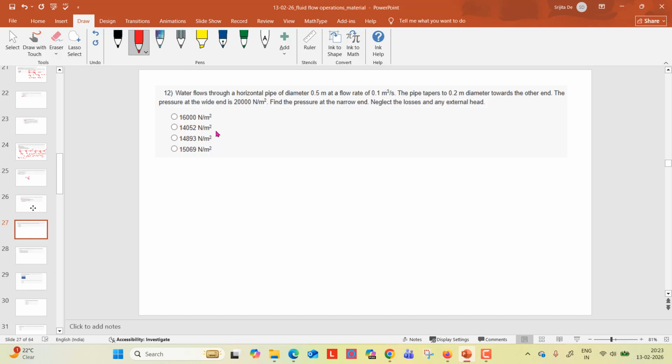Next, water flows through a horizontal pipe of diameter 0.5 meter at a flow rate of 0.1 meter cube per second. The pipe tapers to a 0.2 meter diameter towards the other end. The pressure at the wide end is 20,000 Newton per meter square. Find the pressure at the narrow end.